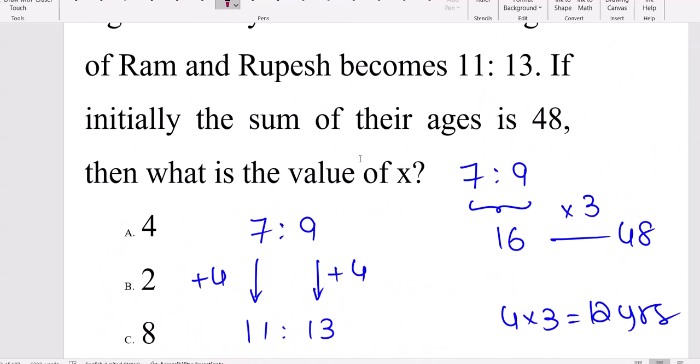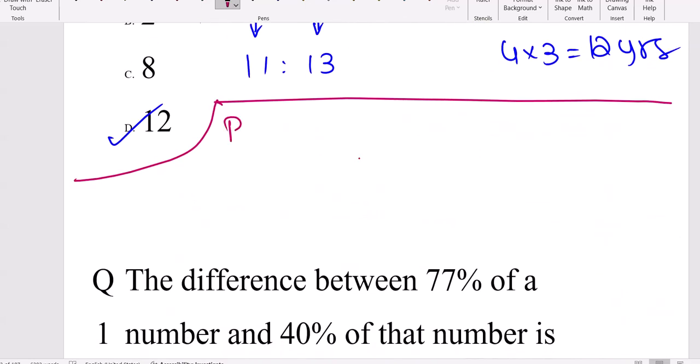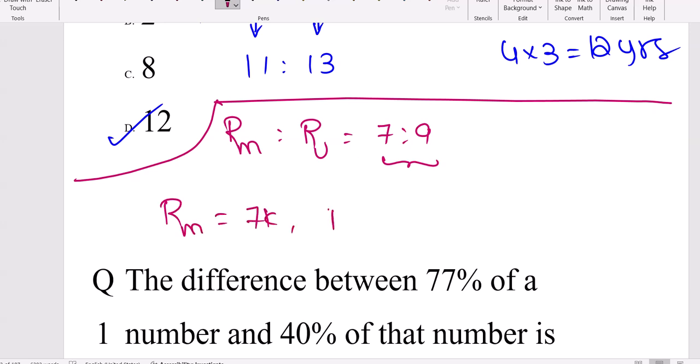So, Ram, I'll take R, M, Rupesh, R, U. They are 7 by 9. I'm taking 7 is to 9. Okay, the sum of this I can take here again. Ram is 7K, Rupesh is 9K. When you remove from the ratio, I can take 7K, 9K like this. And as per the question, the sum of these two is equal to 48.